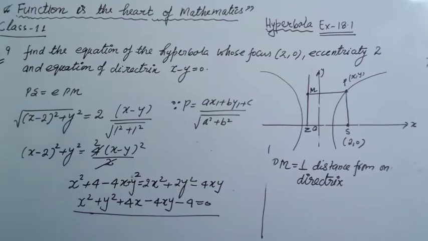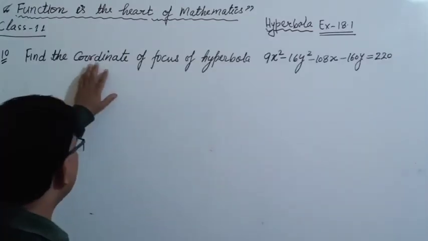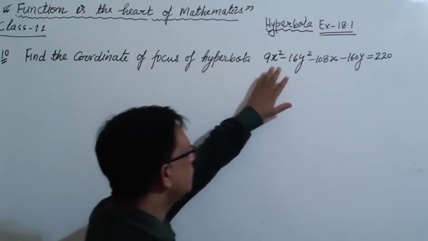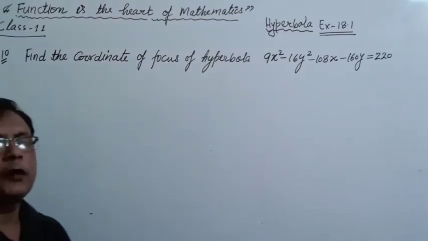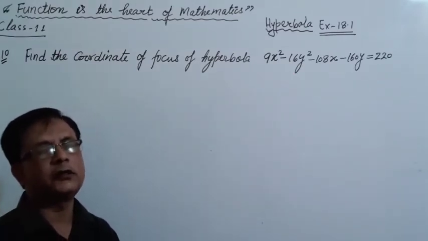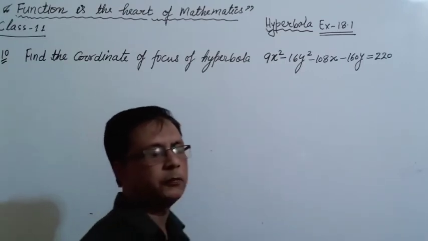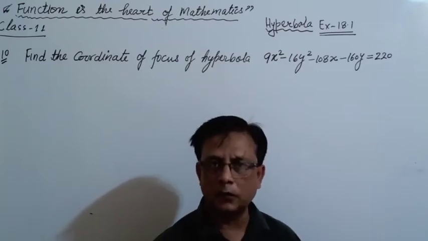So note down question number 10: find the coordinates of the focus of the hyperbola. The equation of the hyperbola is not given in standard form. Our standard form is x square upon a square plus y square upon b square is equal to 1.